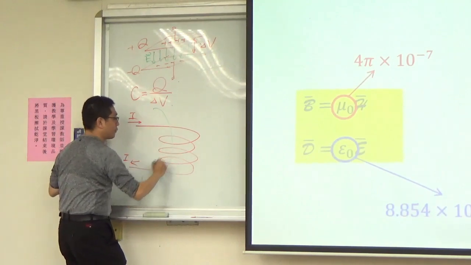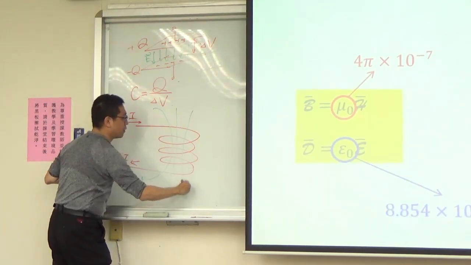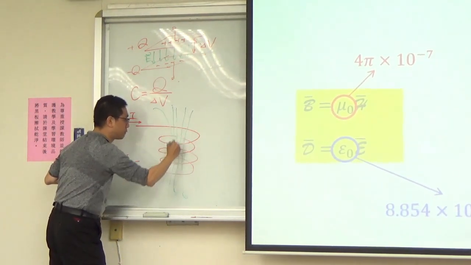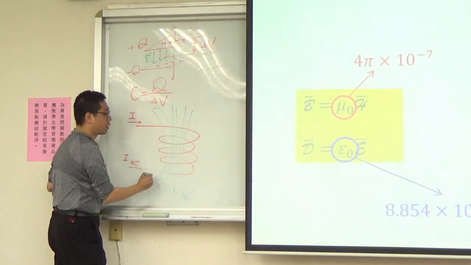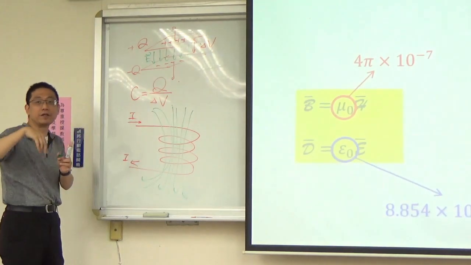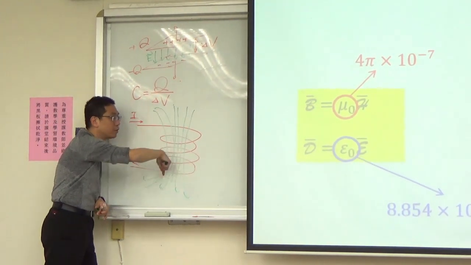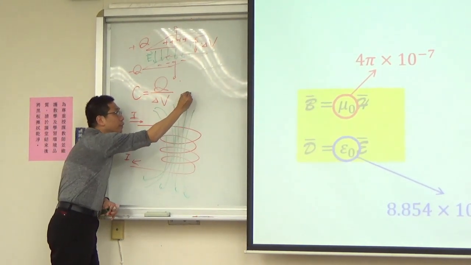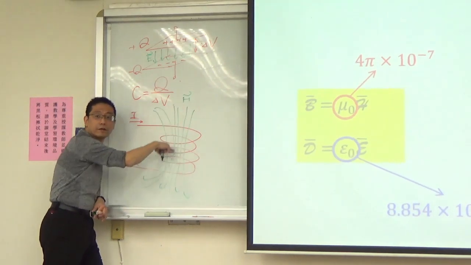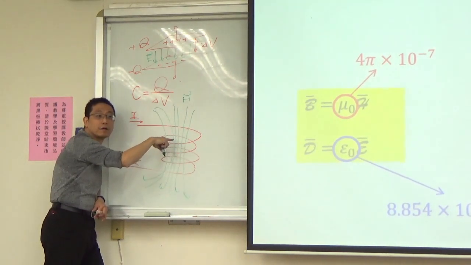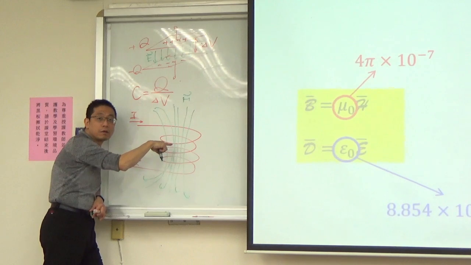This is the magnetic field going through the middle. The strongest magnetic field goes in this direction. Okay? This is Ampere's law. You store your energy in the form of magnetic field.